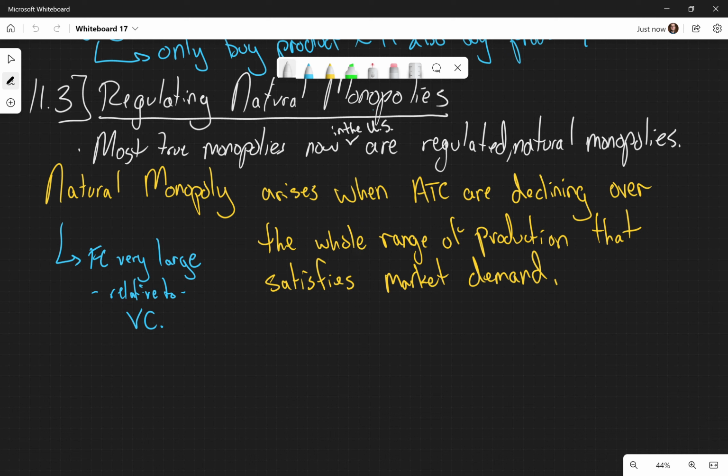And so the next part is regulatory choices when dealing with natural monopoly.